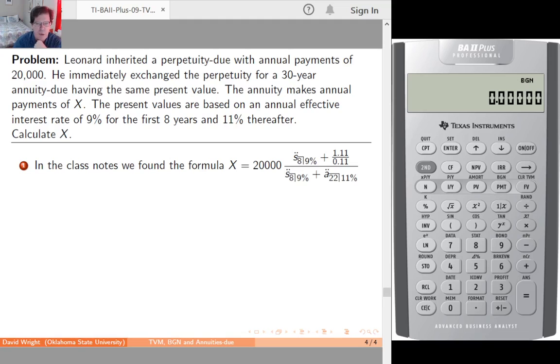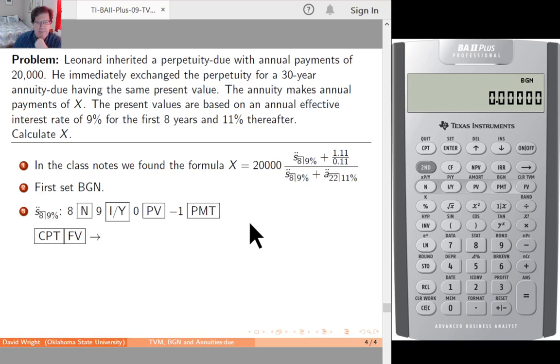So first, we set BGN already. And now we're going to calculate the S double dot. So we're going to put in 8 for N, 9 for interest rate. It's an annual effective interest rate, so no interest conversion is necessary. 0 for present value.